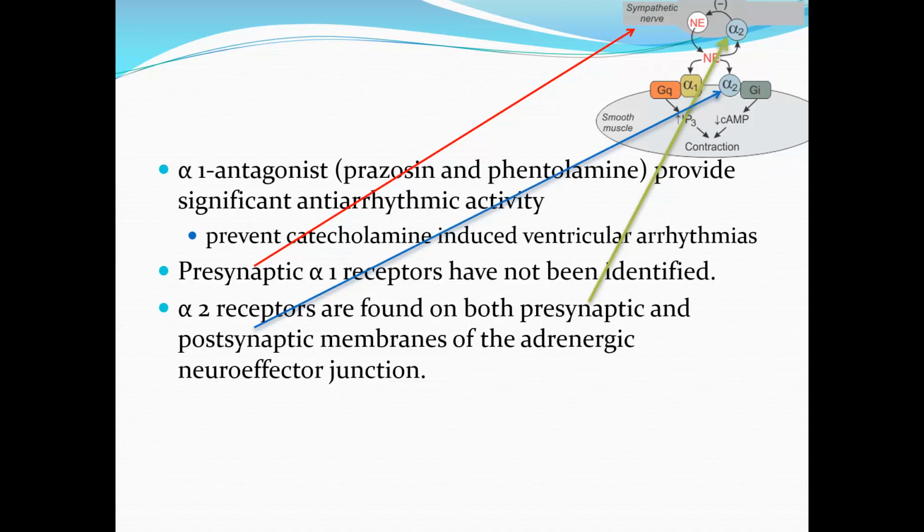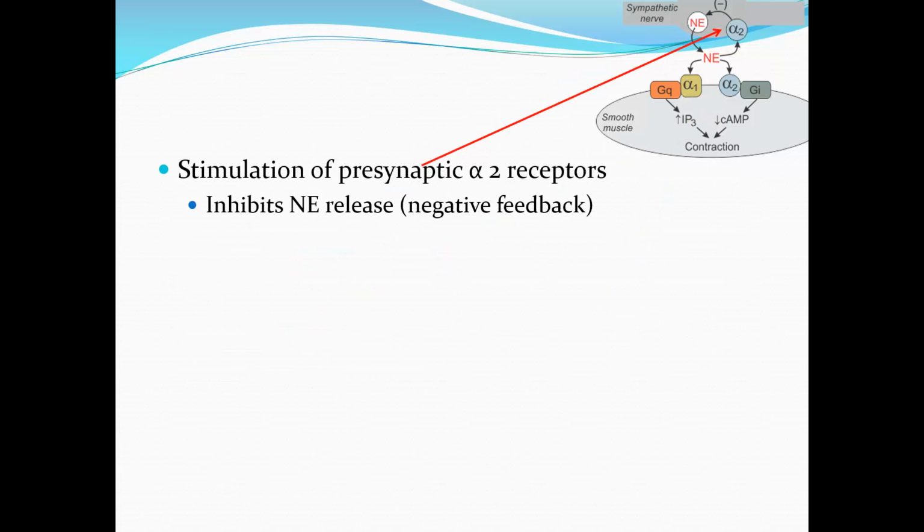And again, this is the postganglionic neuron. When you stimulate the presynaptic alpha-2 receptor, it inhibits norepinephrine release. So the negative feedback, that's the regulation of the release of norepinephrine, one part of the regulation.